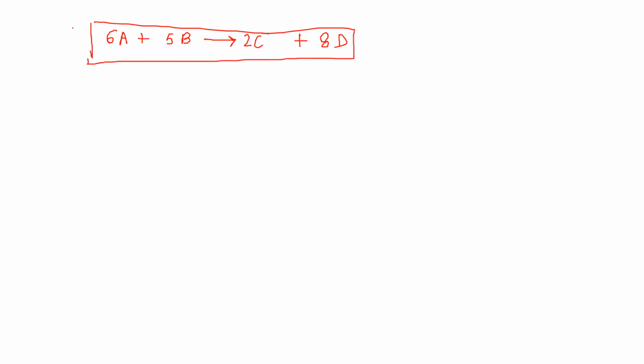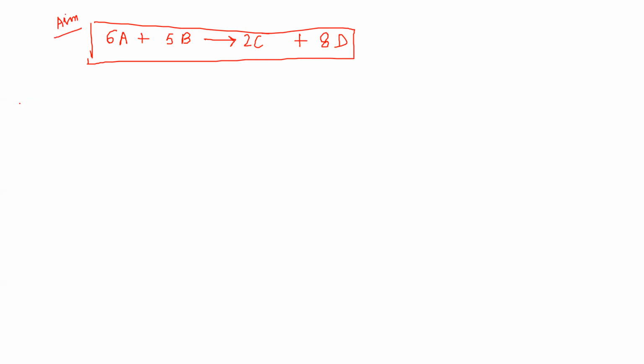Let's consider another example. Let's say we have 6A plus 5B gives 2C plus 8D. This is our aim equation.